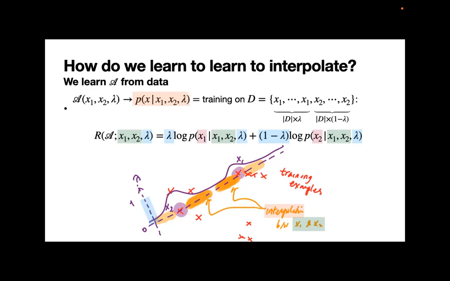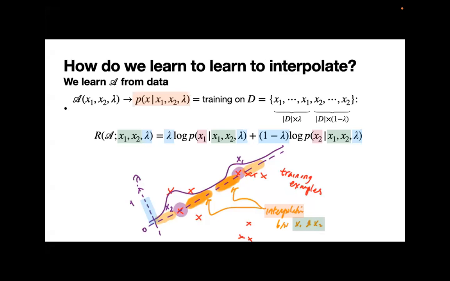So what that means is that assume that I have an infinite number of examples, but all those training examples are simply repetitions of either x1 or x2. The proportion of x1 and x2 in this infinitely large training set is defined by this lambda. So out of all those data points, which turned out to be just repetitions of either x1 or x2, a lambda portion comes from x1, and a 1 minus lambda portion comes from x2.